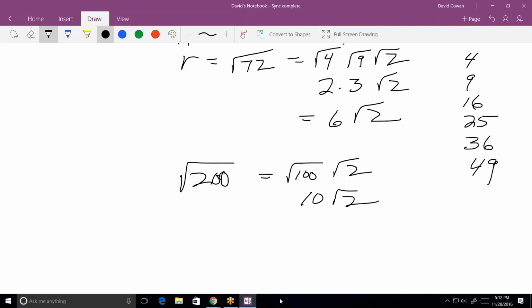So I could do it the slow route. This is kind of the slow route, which always works, but if you found a larger perfect square number, then it reduces your number of steps to use it.